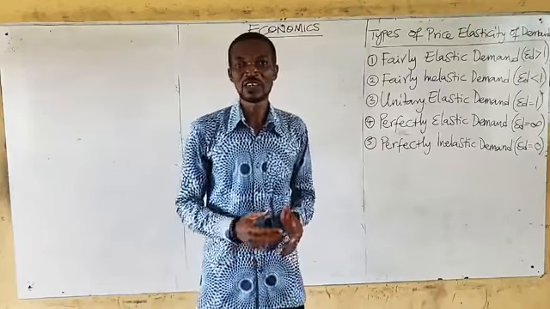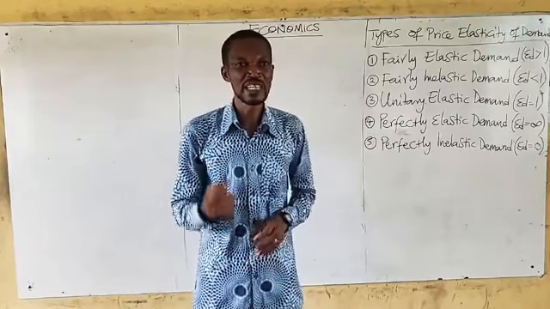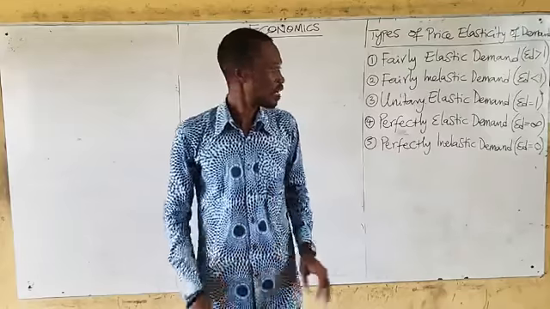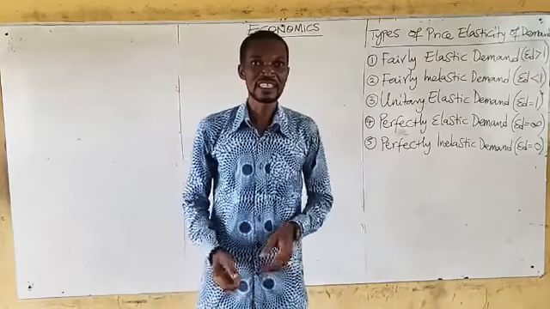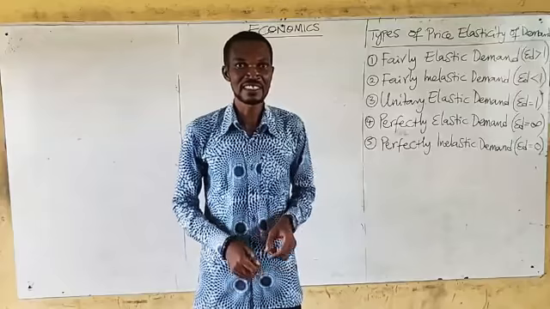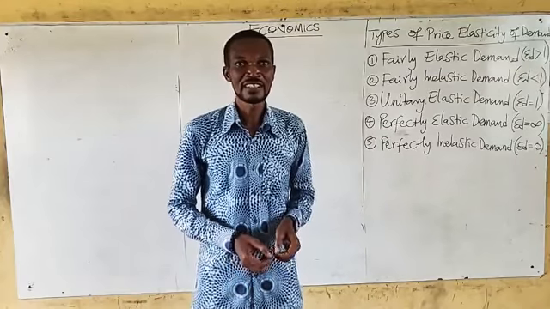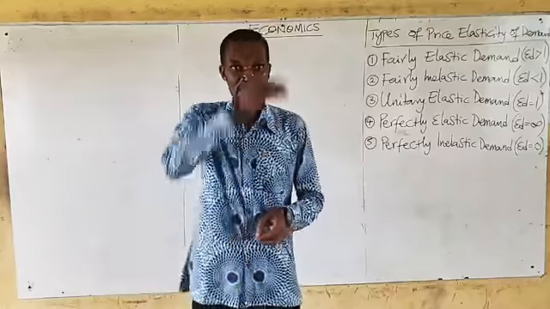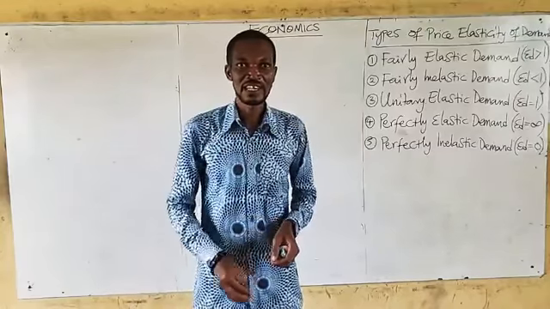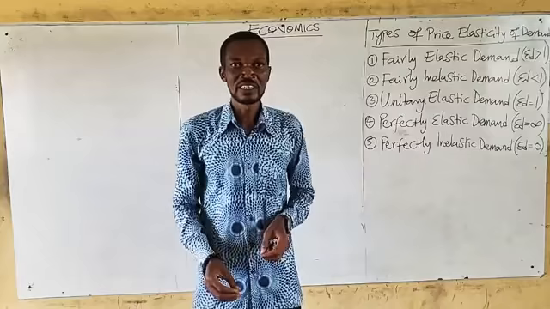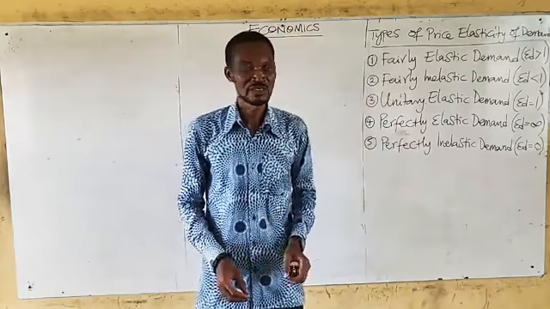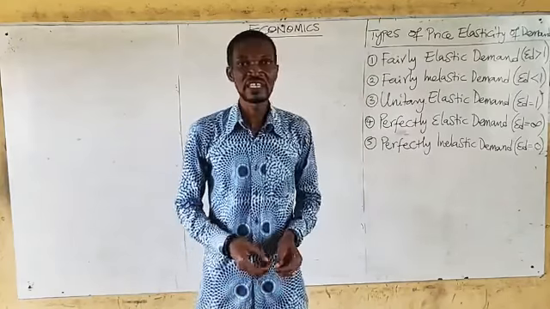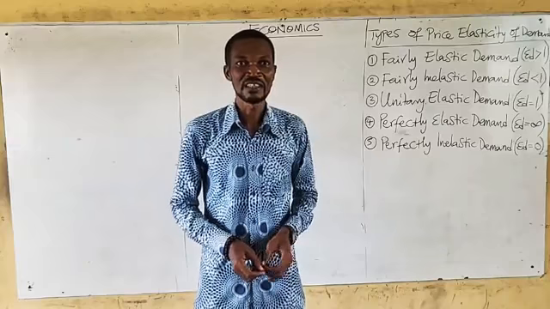You are going to understand because I'm going to use illustration diagrams, and you get to know. Then perfectly inelastic. In that case, the price keeps changing but the quantity is fixed. That is, at a fixed quantity, the price keeps changing. That is what we call perfectly inelastic demand.